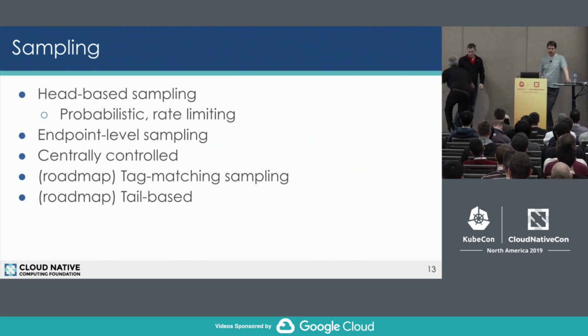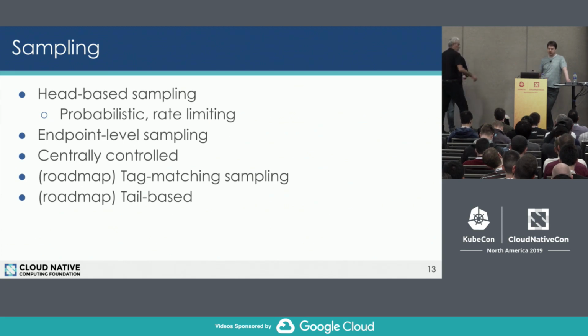One thing I want to mention about the reason why we do sampling in the first place is it's not just because it's too much data, but because it's too much repetitive and useless data, right? Because if you think about what you use tracing for, you're not using it for monitoring every single request. What you typically use it for is troubleshooting problems. It's an observability tool, not a monitoring tool per se.